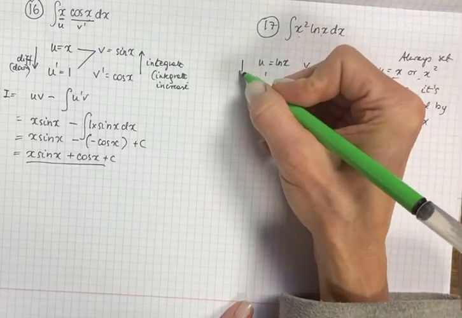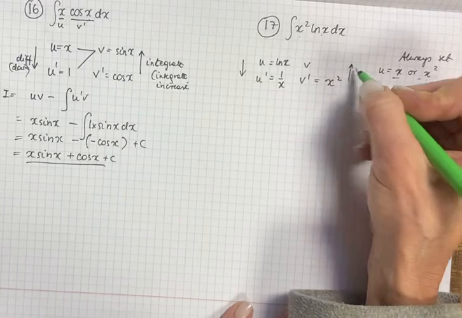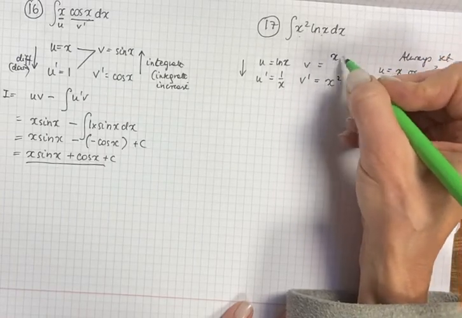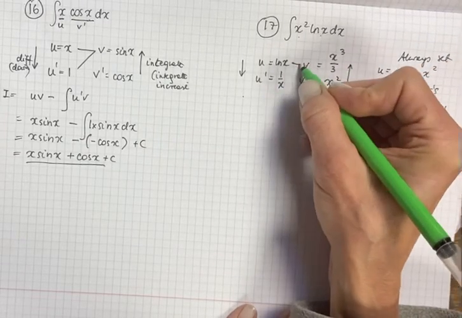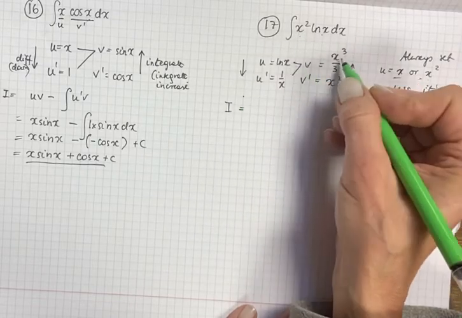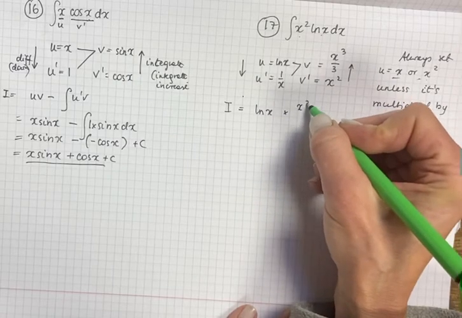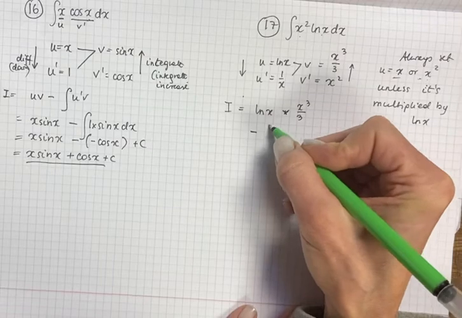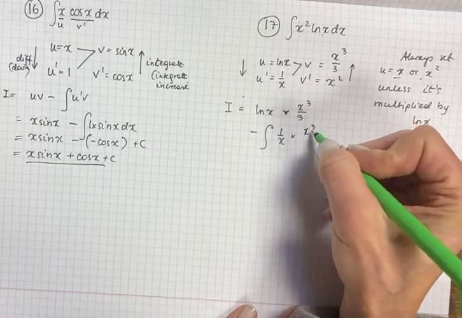So we differentiate this side, which is 1 over x, and we integrate this side, which is add 1 to the power, divide by that power, so x cubed over 3. And then we do the by parts rule. So my integral is going to be ln x times x cubed over 3, minus the integral of 1 over x times x cubed over 3.